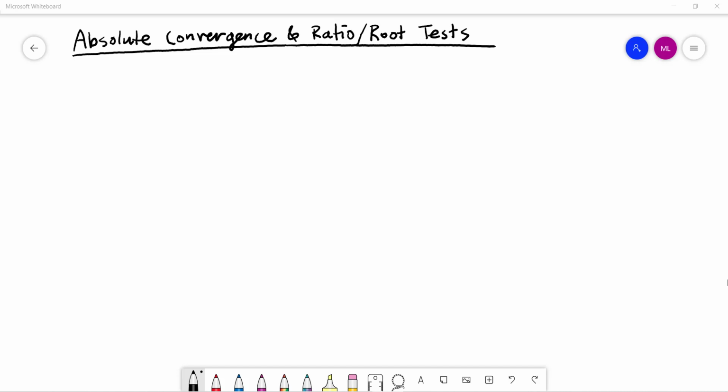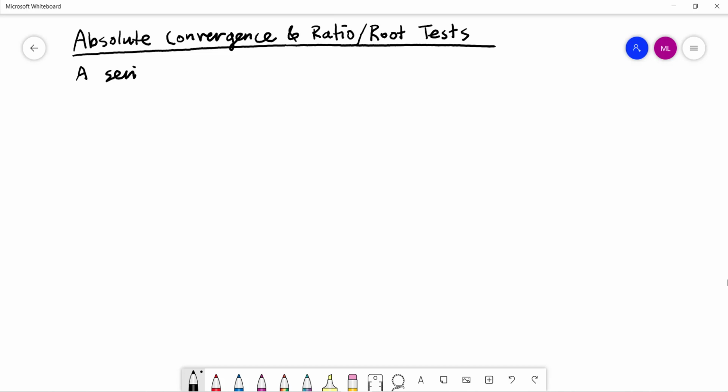We're going to be talking about absolute convergence, and in contrast to absolute convergence, we'll be talking about what is typically called conditional convergence. So what's the difference? Well, it basically boils down to this.